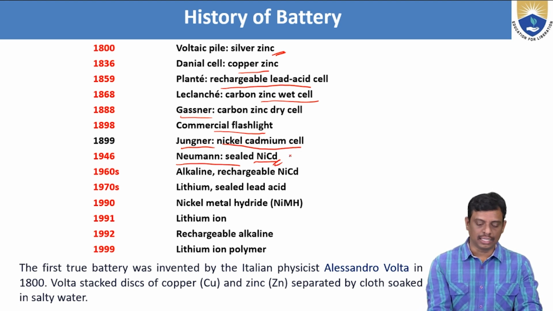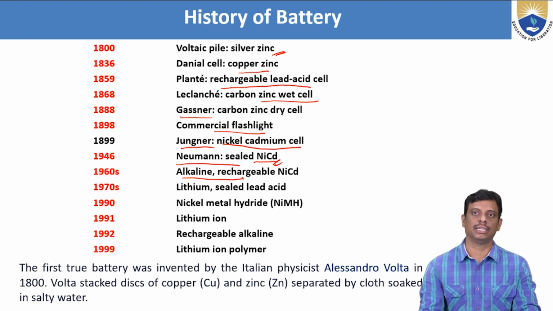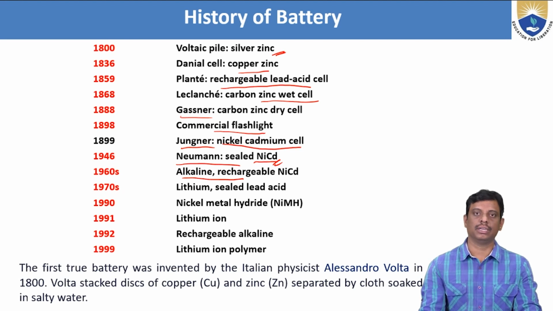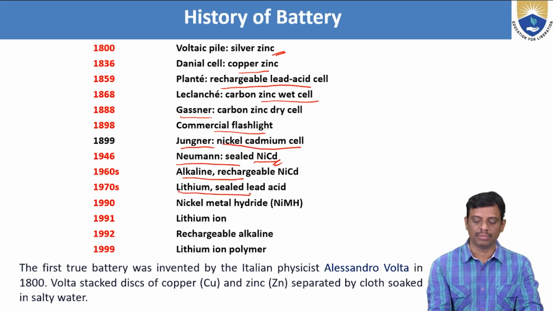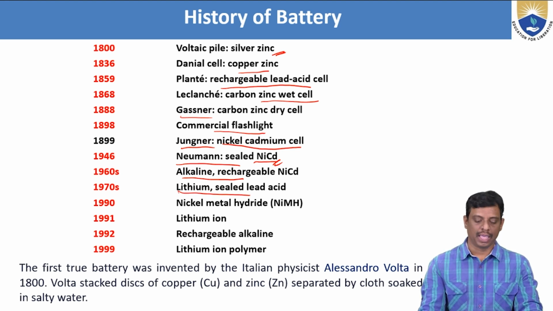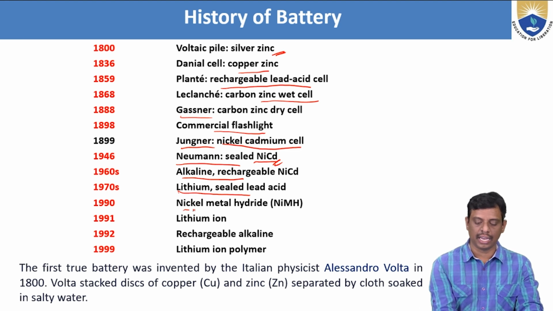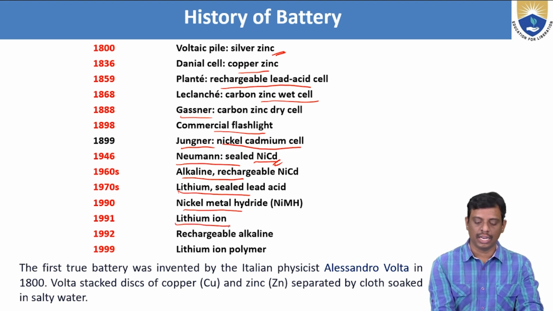In the 1960s, alkaline and rechargeable batteries were more developed in that period. In the 1970s, the lithium sealed lead acid battery was proposed. In the 1990s, the nickel metal hydride battery was generated. And in 1991, the lithium ion battery.